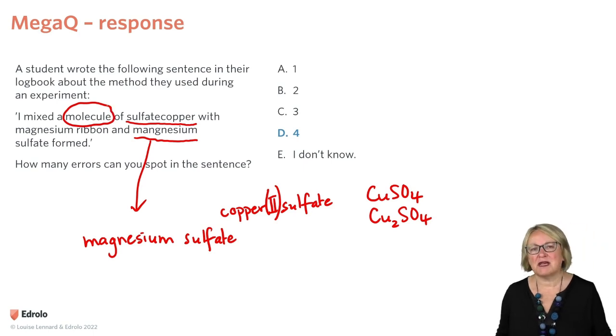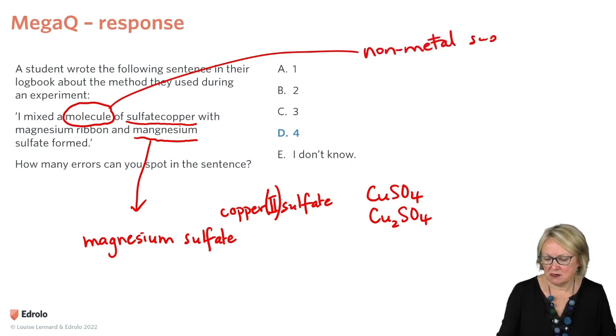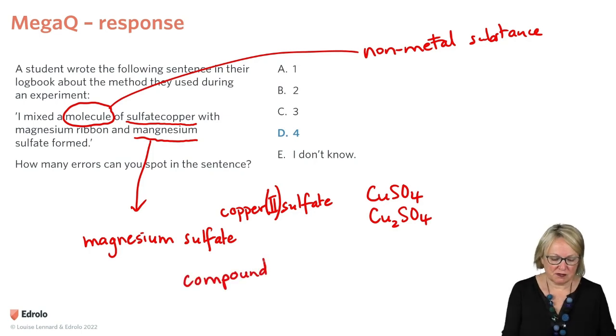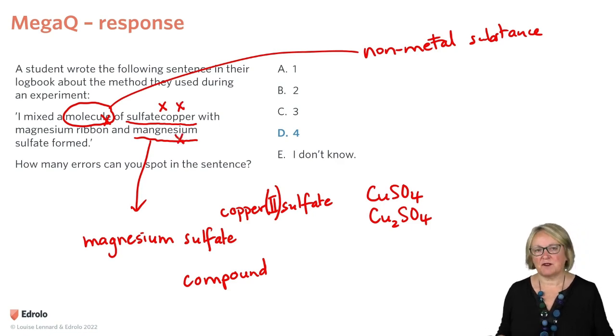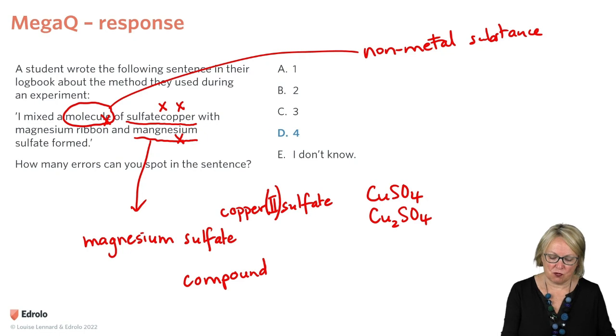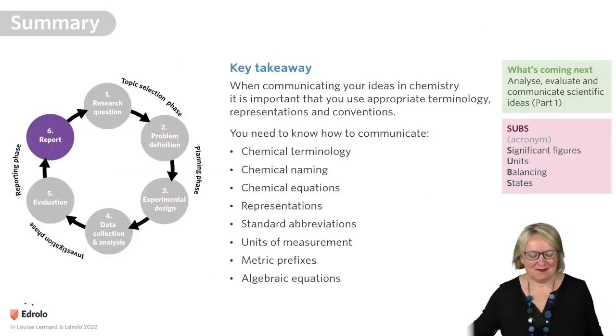Now, we can't measure one molecule, but molecules refer to non-metal substances, and copper is a metal. So it wouldn't be a molecule, it could be a compound. So we've got the molecule wrong. The sulfate copper has 2 mistakes with it. The magnesium spelling is a mistake. So there are 4 errors in this sentence. And it's not the best worded sentence anyway.